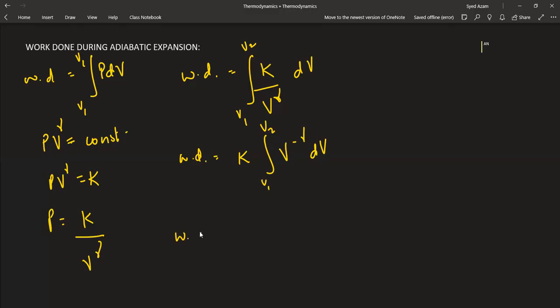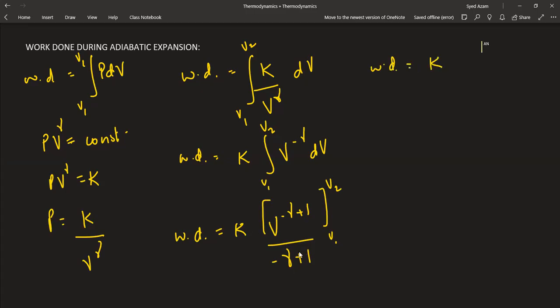So here work done is equal to K. Now look, let us integrate. How do we integrate? We add 1 to the power, and whatever is the power, we divide it in the denominator, and then we put the limits from V1 to V2. Now we are going to do the substitution of limits. So work done will be equal to K by 1 minus gamma, which is already the constant term.